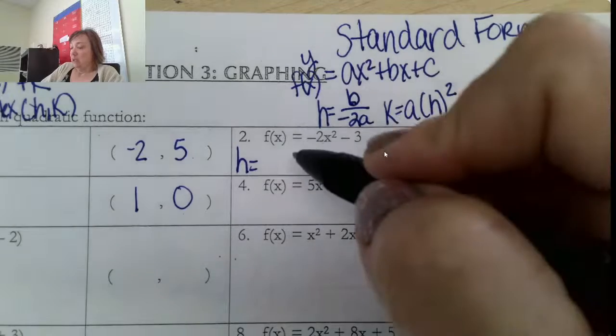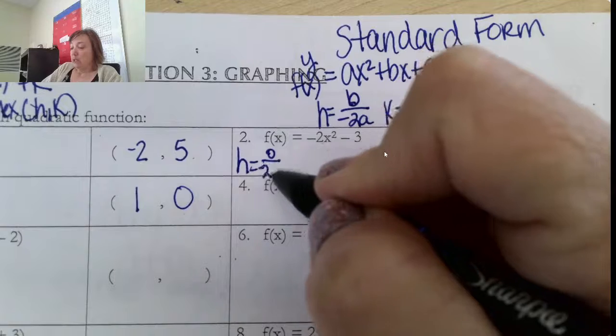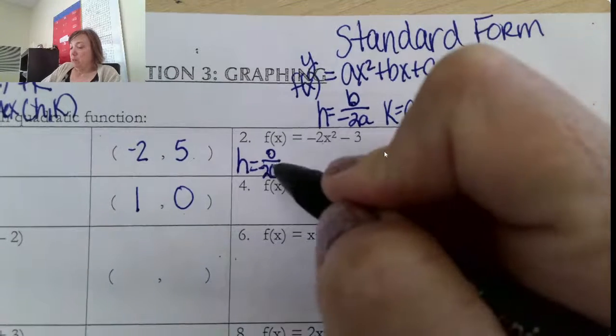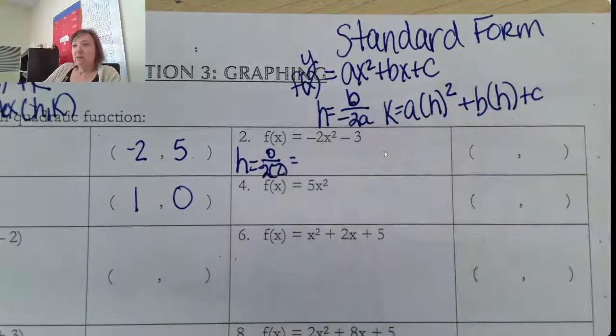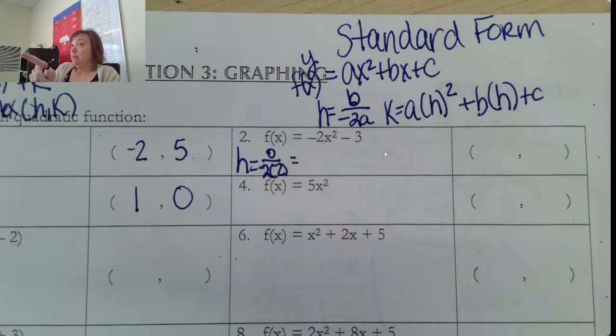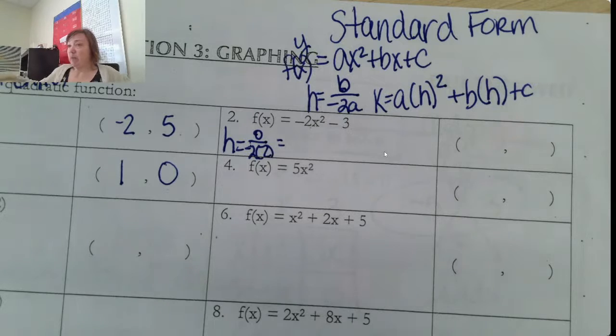So this is going to be 0 over -2 times a. But does it even matter what a is? You are right in that you can't divide by 0. That's an accurate statement, but that's not what we're doing here. We're dividing 0 by something. And you can divide 0 by something. If I have no money in my pocket, but I say I'm going to give y'all an equal amount of everything I got.